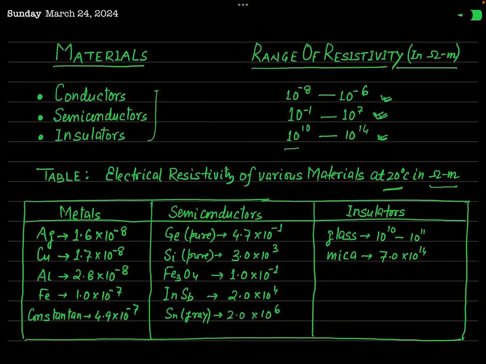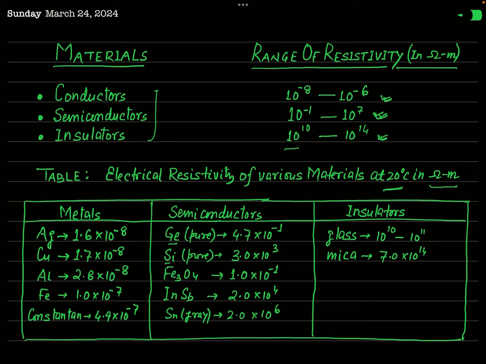So there is no need to memorize all these values. You can memorize only important values. For example, if you remember the resistivity of germanium and silicon, that will be a good approach. But there is no need to remember all these things.